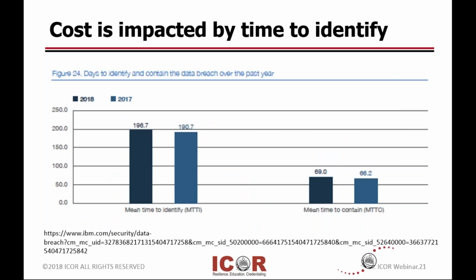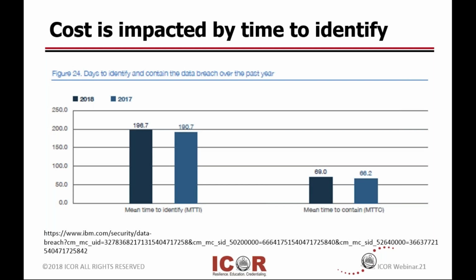The other aspect is the time to identify, and the cost to the organization is based on how long it takes you, because the longer you take to identify it, the more cost it's going to be to your organization. So when we're talking about MTTI, that stands for the mean time to identify, and the mean time to contain is the MTTC.